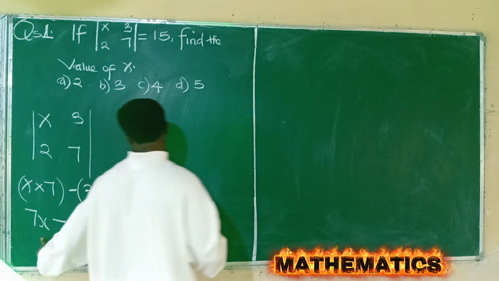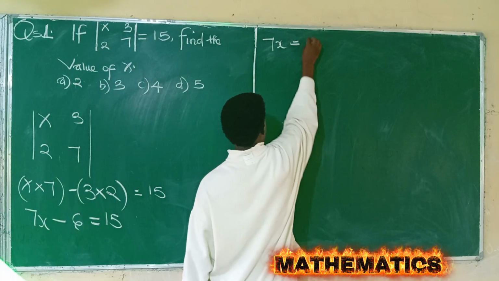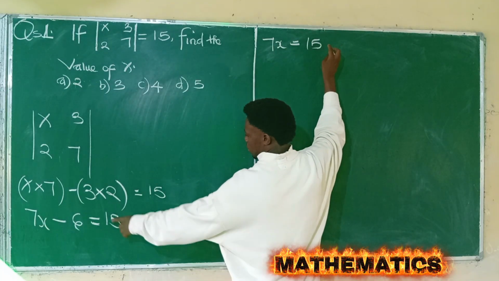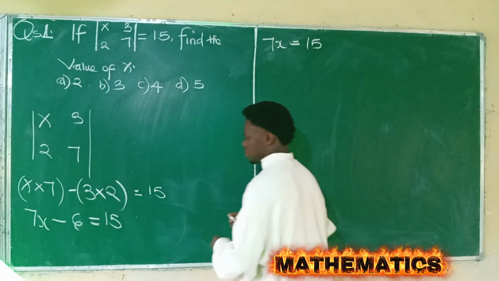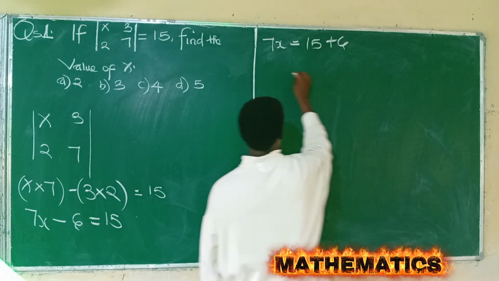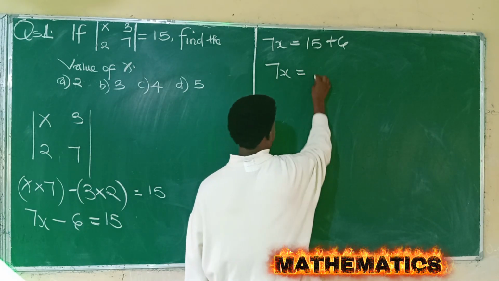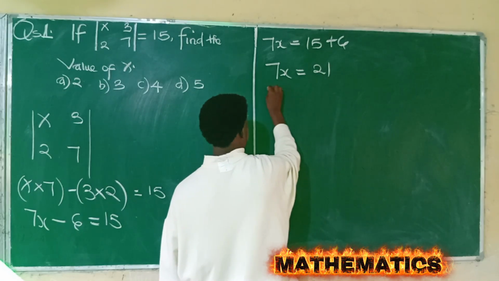Making x the subject of the formula, we have 7x is equal to 15. Remember, when minus 6 crosses over the equality sign, it changes to plus 6. So we have 7x is equal to 21.